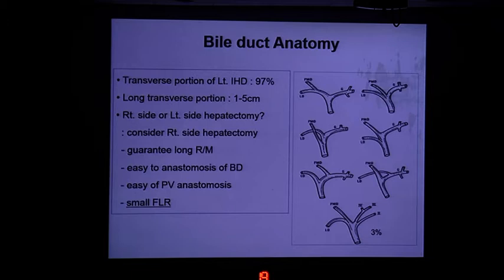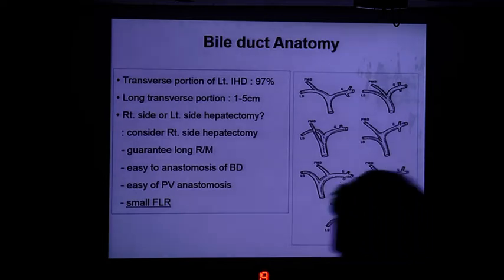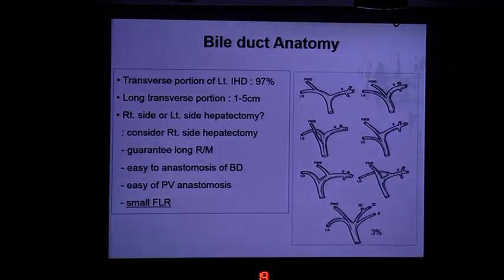A transverse portion of the left IHD exists usually, in 97%, and it is usually long, between 1 to 5 centimeters. So, if we consider, for example, classic type 2, which side, right or left hepatectomy, is better if we consider that.